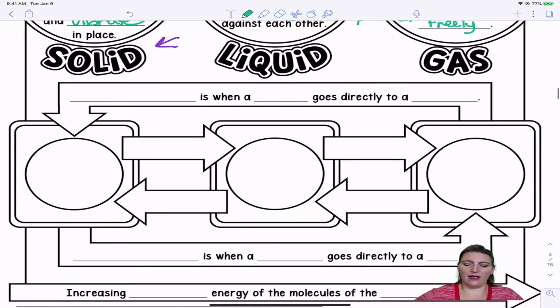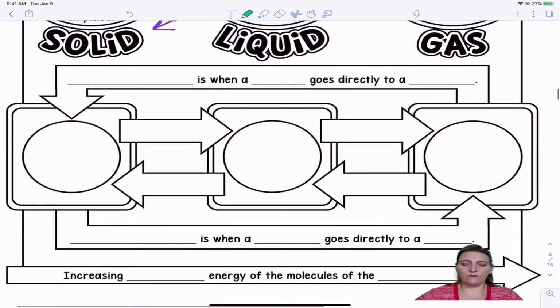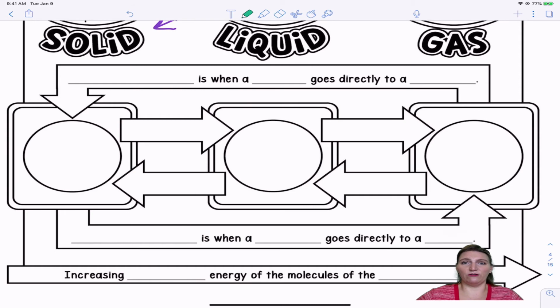Okay, now let's talk about this last diagram here. In this diagram, there's space for you to draw pictures of what a solid and a liquid and a gas look like. So we know that when we have a solid, the particles are very closely packed, and they're also in a rigid geometric 3D pattern.